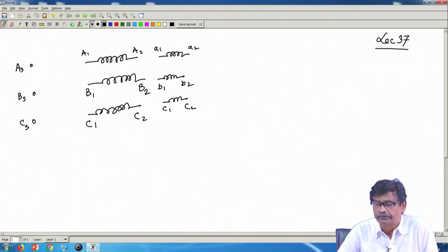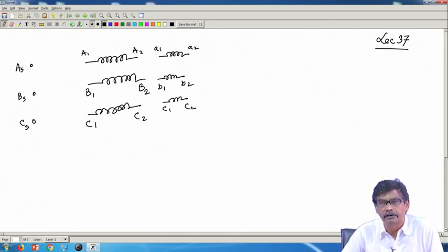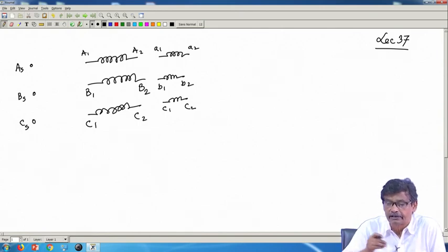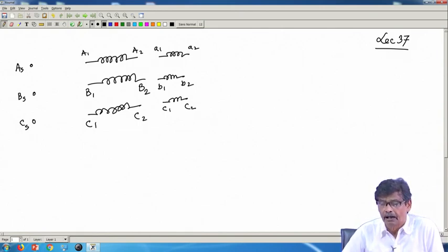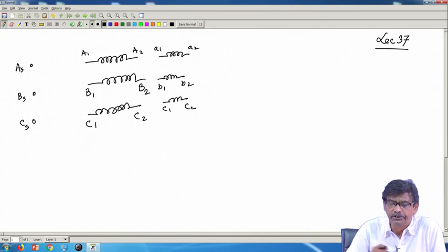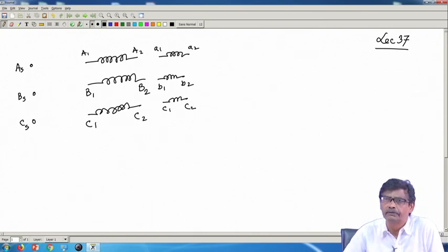And I told you that while connecting the transformer windings in star, either A2, B2, C2 should be shorted, or A1, B1, C1 can be shorted, as valid star connections.